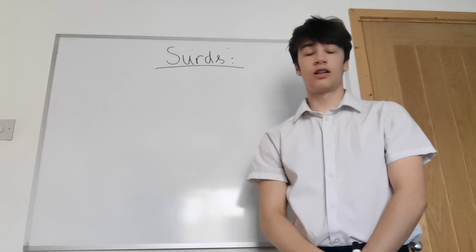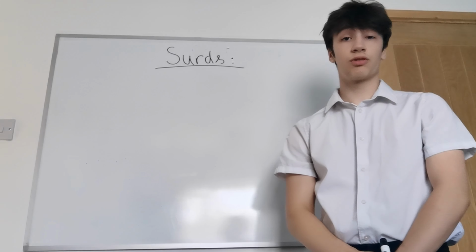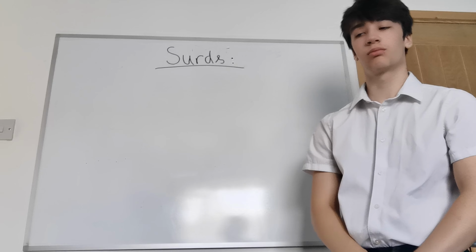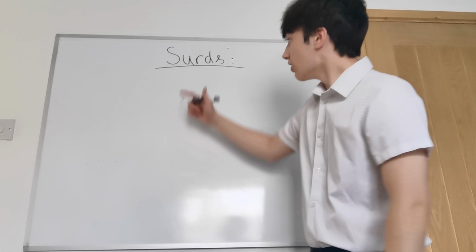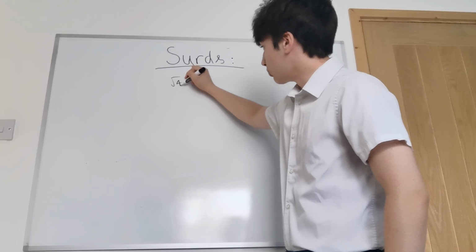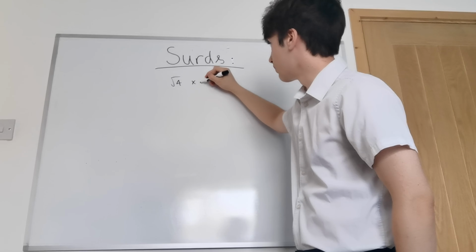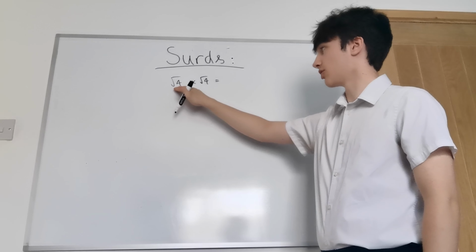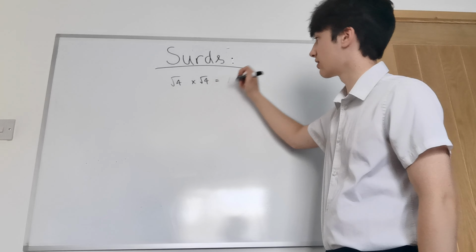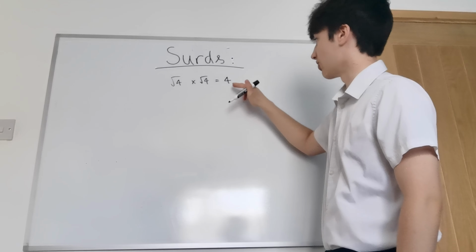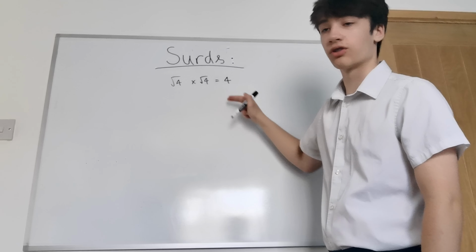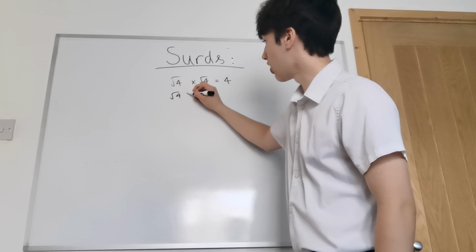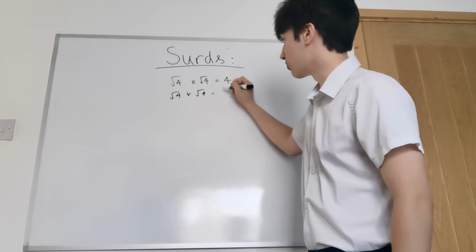Okay. Now the final part is simplifying surds. Now this can start off quite easy and get more challenging, but you just need to get used to it. So if we follow the rule before of root 4 times root 4, we know that if you times a surd by itself, you get the base number without the surd. So you just get 4. But say we go back to the multiplication part, we also know that root 4 times root 4 is equal to root 16.